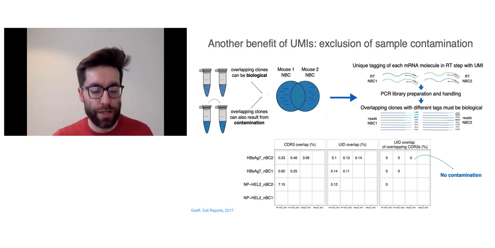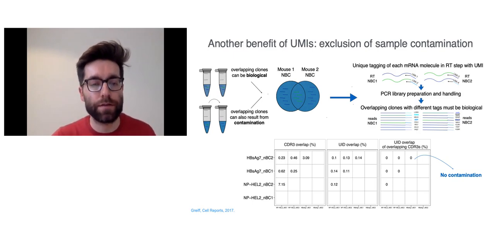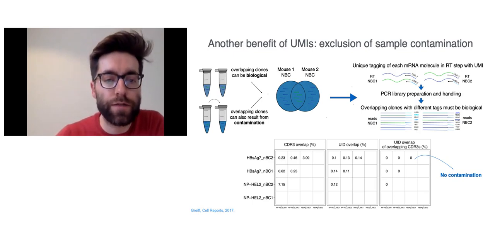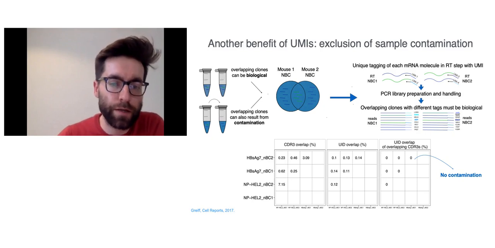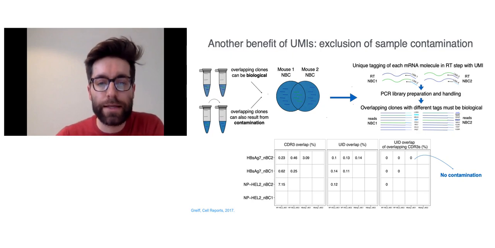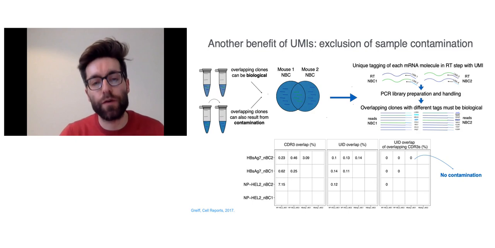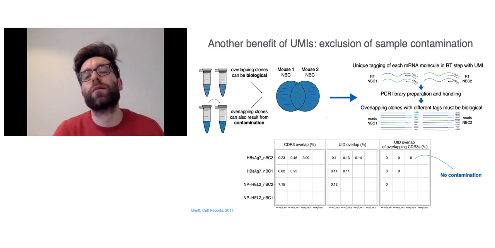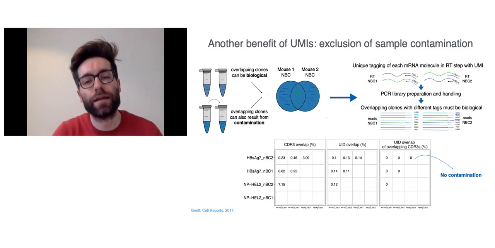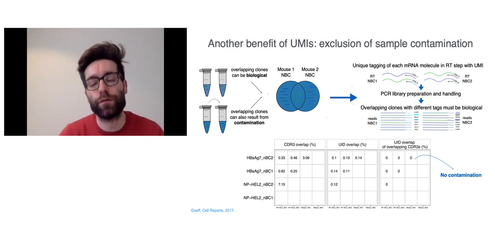UMIs to check for contamination. And how did we do this? So we looked at the CDR3 overlap on the bottom left across different samples, and then we checked whether any of the overlapping CDR3s also had the same UMI, which would be highly unlikely, which should not happen if you don't have contamination, and which would happen if you have contamination.